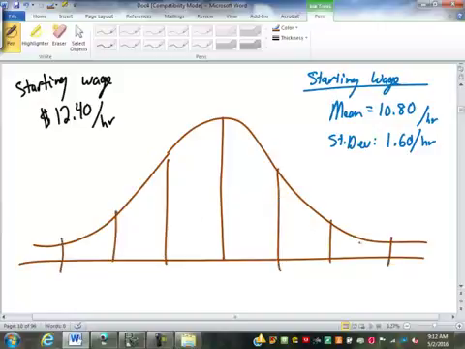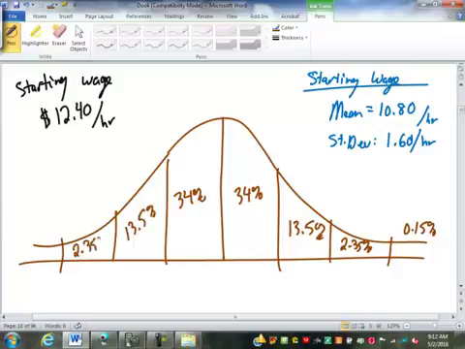Well, it's better than average. It's better than the middle range, right? Remember, these percents in here always stay the same. Always.